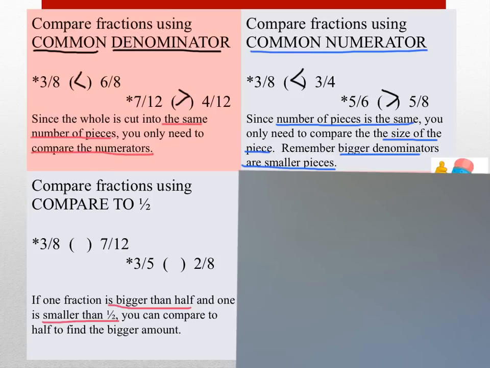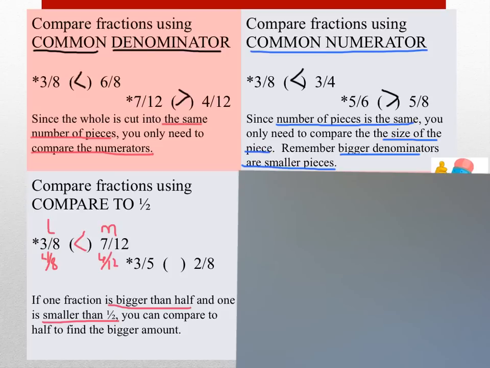Looking at my fractions 3/8 and 7/12, I know that half of 8 is 4, so 4/8 would be half, telling me 3/8 is less than half. Half of 12 is 6, so 6/12 would be equal to half, therefore 7/12 is more than half. Since this one is more than half, and this one is less than half, 7/12 is the greater fraction.